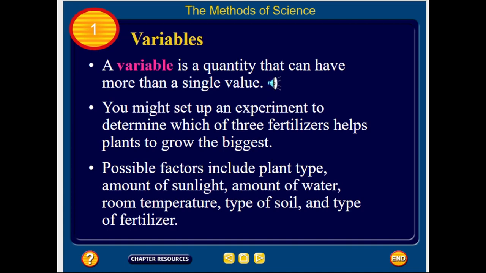Possible factors include plant type, amount of sunlight, amount of water, room temperature, type of soil, and type of fertilizer. The height the plant grew would be a variable that would vary based on each plant.